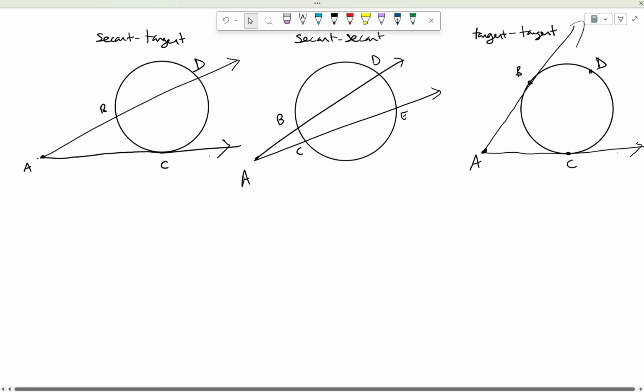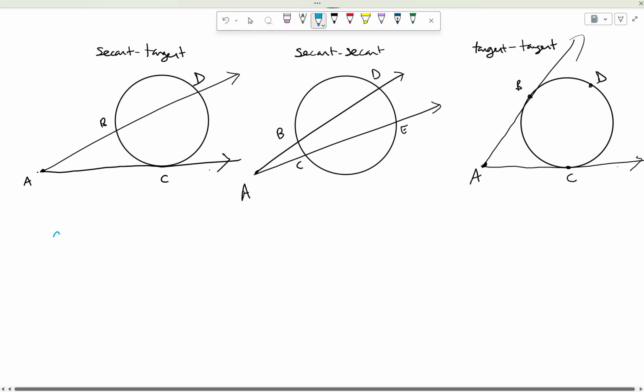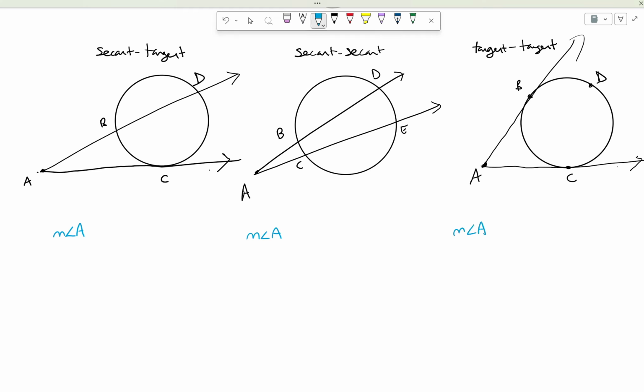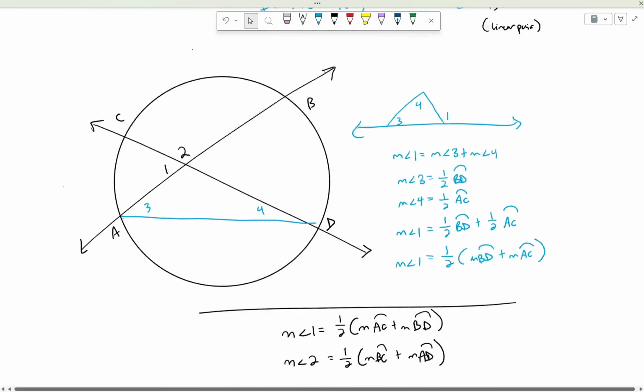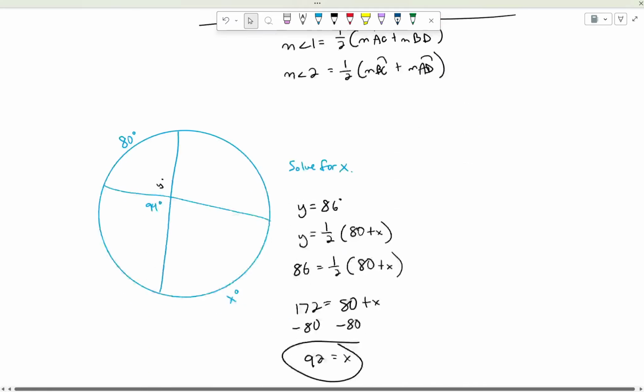So gentlemen, here is how the logic works. We're going to find the measure of angle A each time, and the logic is consistent. I know you guys get a formula card, but I want you to always think of it as this. It's always going to be 1/2, just like it was prior. Back at the beginning, secant tangent was 1/2, even secant in the circle was 1/2.